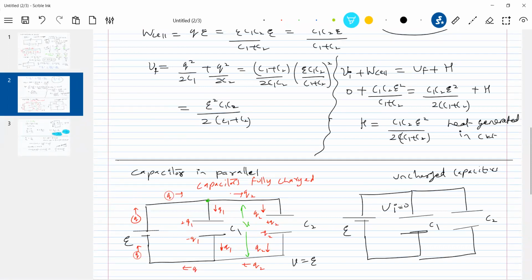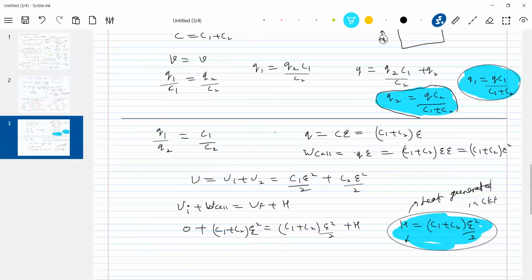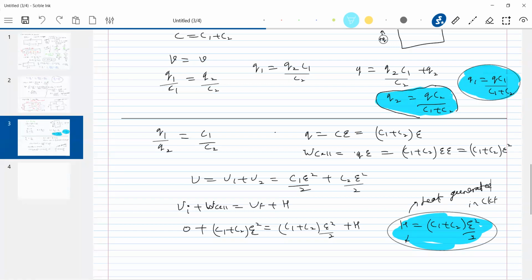So they may trouble you with these small ideas. The ratio of these two, they may ask you any of these things, or they may give this information and ask you some other thing. Is it half of the work done by the cell? Yes, it is. So two capacitors are connected.